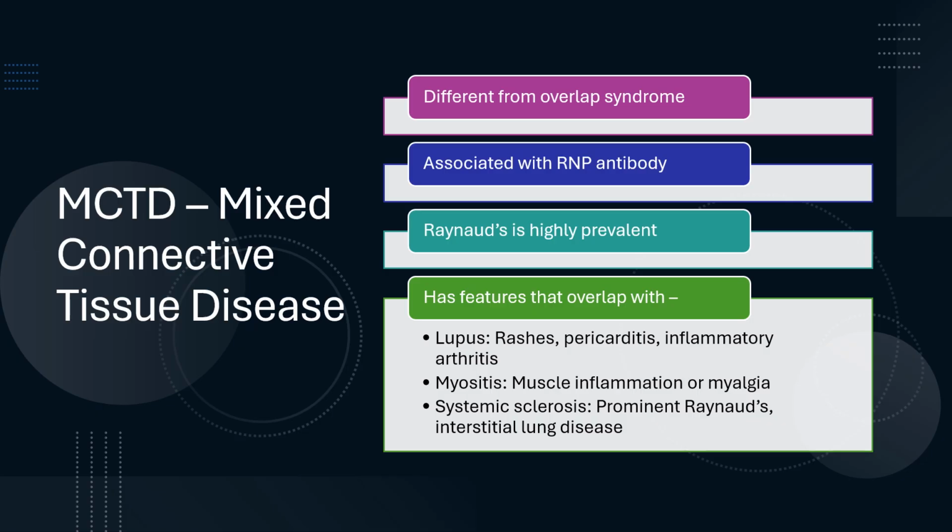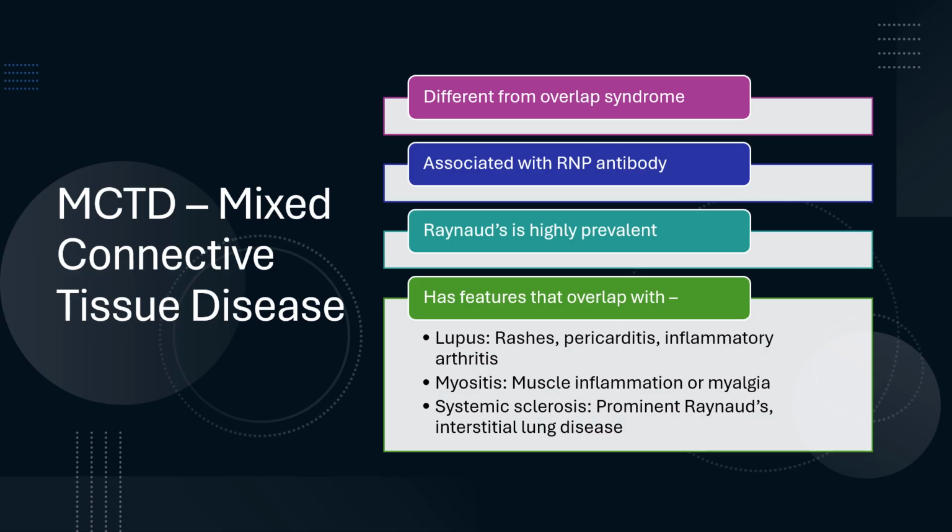Now, the easiest way to recognize it is the strong association with a high titer RNP antibody. For many of these patients, in fact, most of them, Raynaud's is an early manifestation, and it's often a pretty severe manifestation. The reason it got the name mixed connective tissue disease is because it does have several features of the other ANA-associated diseases.